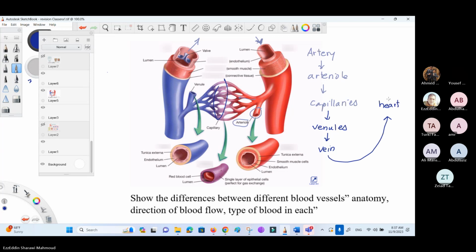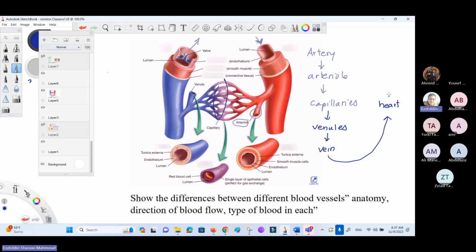Okay? Who can mention some examples? Prepare two examples of veins in your body. The first one is the pulmonary vein, which returns from the lung carrying a lot of oxygen. The second one is the vena cava vein that carries deoxygenated blood, the superior and inferior vena cava, as we will mention right now.